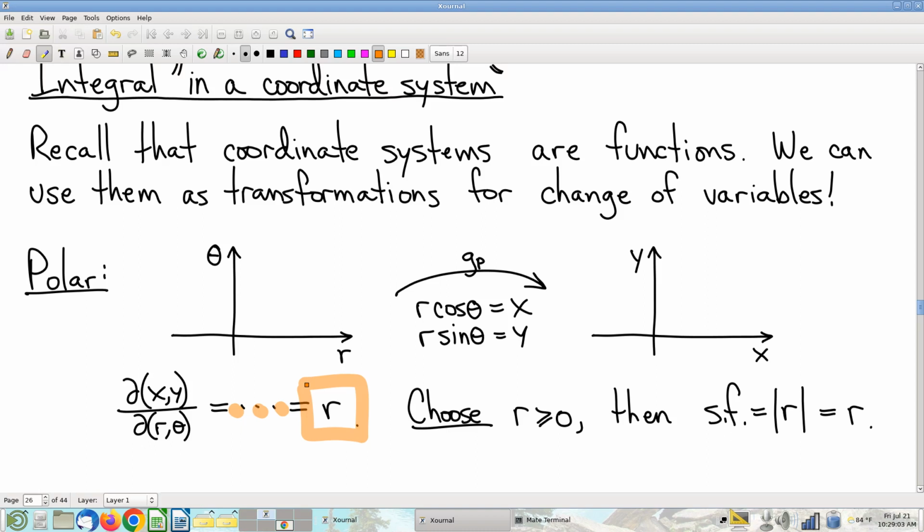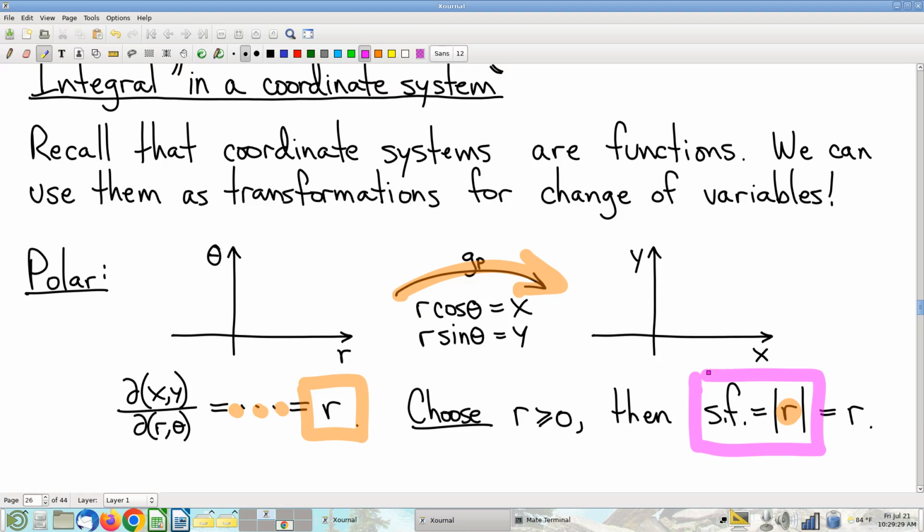The Jacobian determinant for this function is r. Now, that's great news. It simplified nicely. Here's the bad news. That Jacobian determinant, r, is not the stretching factor. The stretching factor is the absolute value of that Jacobian determinant. The absolute value is important.